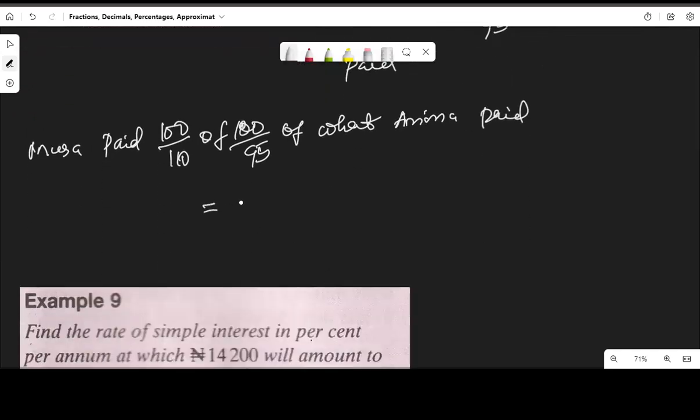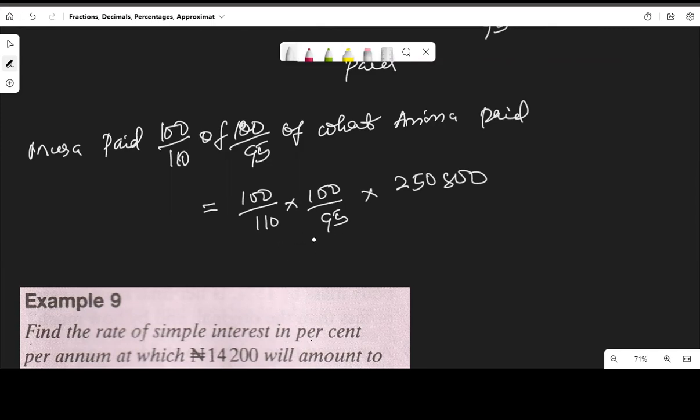And that will be 100 over 110 times 100 over 95 times the price that they paid, which is 250,800. That is the price that Ali sells the car to Amina.